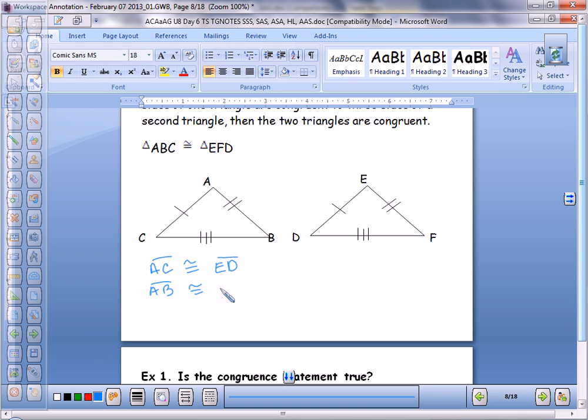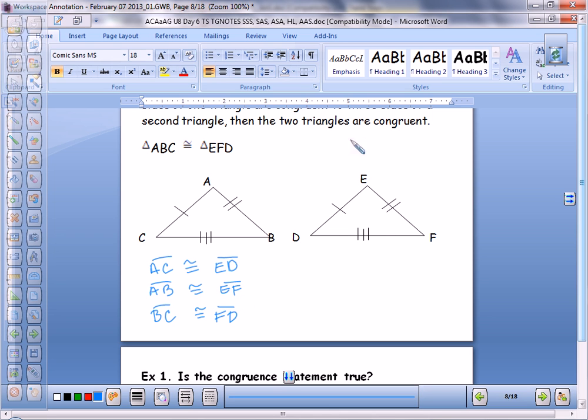Now, is AC congruent to EF? No, because they have a different number of tick marks. And then BC is congruent to FD. And that's what the tick marks mean. So these 2 triangles are congruent.